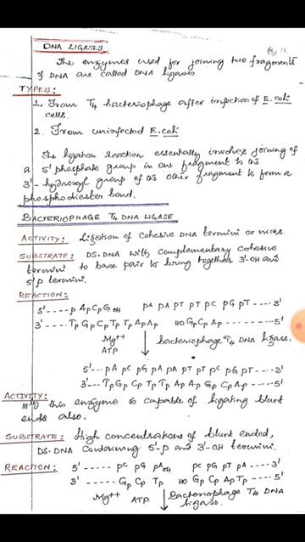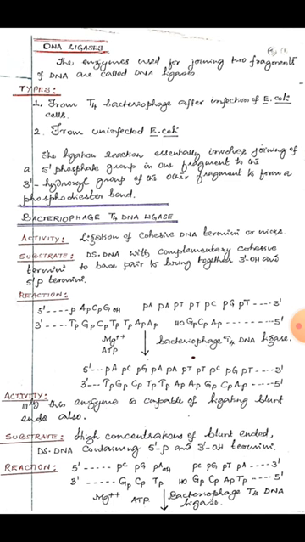You can see the schematic diagram where I have represented a double-stranded DNA molecule with 5' end and 3' end. Here you can see a guanine base with a hydroxyl group and here is adenine with a phosphate group. In the other strand, it is just the opposite.